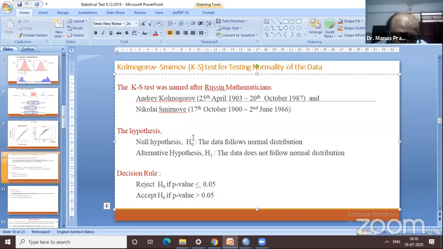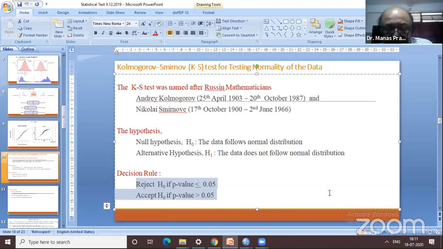We reject H naught, the null hypothesis, if my p-value is less than or equal to 0.05, and we accept H naught if my p-value is greater than 0.05. This is the decision rule.